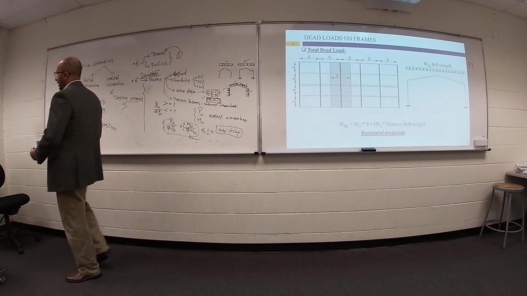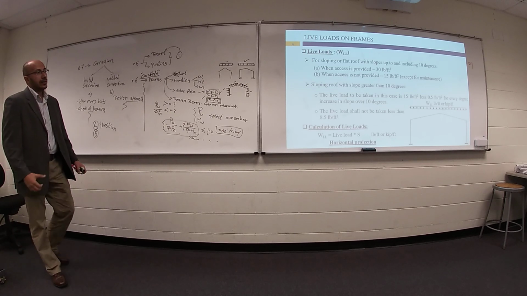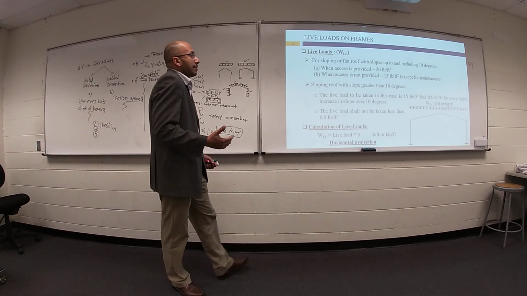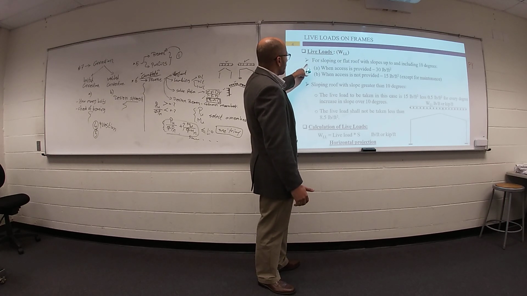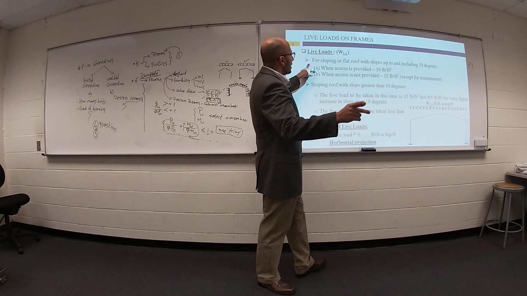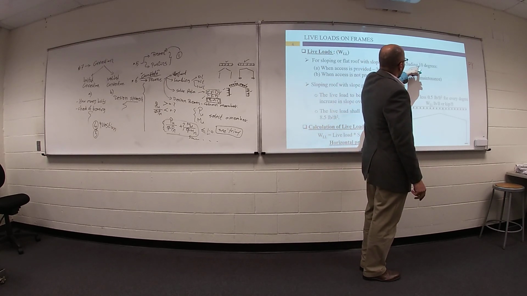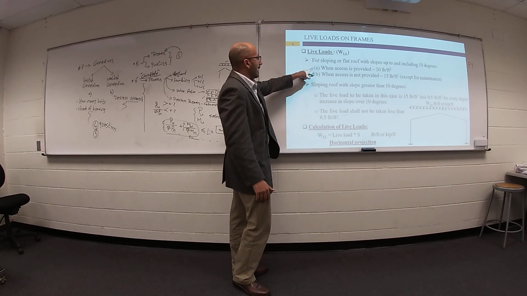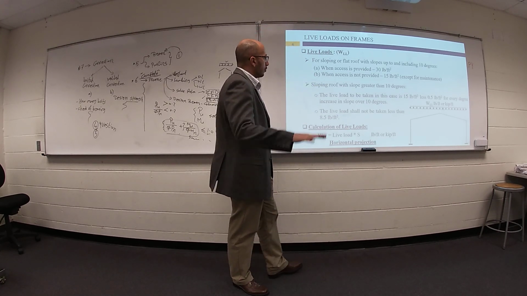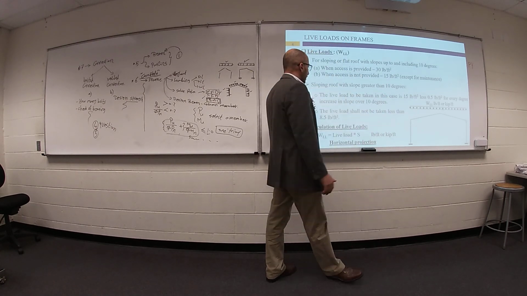Okay. Second load, for live load, we have two cases. Maybe it will not be given. Based first on your angle: if your slope or inclined angle is 10 degree or less, go ahead and use this one or this one. If your angle is more than 10 degree, I will use this condition.